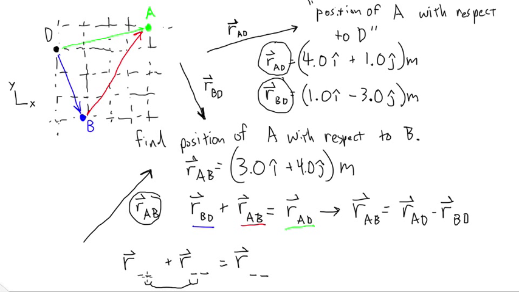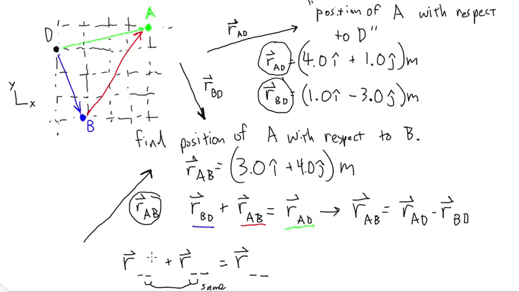The second subscript on the first one, what the first position is measured with respect to, and the first subscript on the second one, what the second position is the position of, have to be the same.